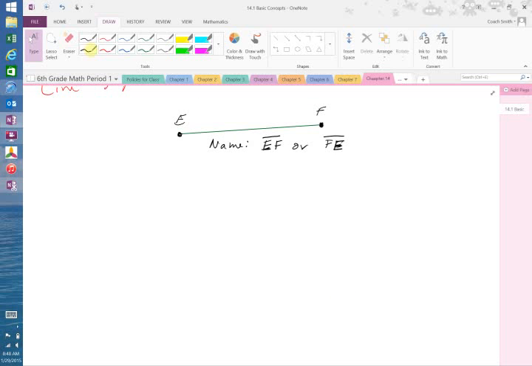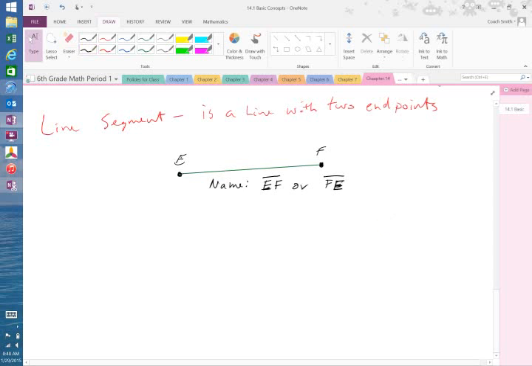All right. Next, perpendicular. Perpendicular lines. Let's see here. I always hated this because they didn't ever give me a perpendicular one.